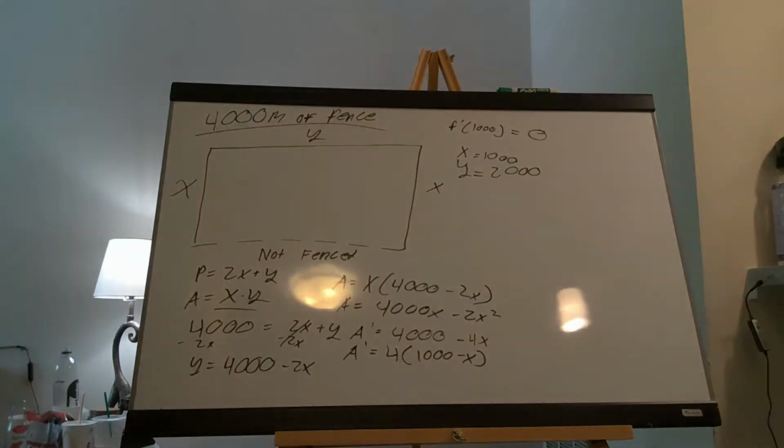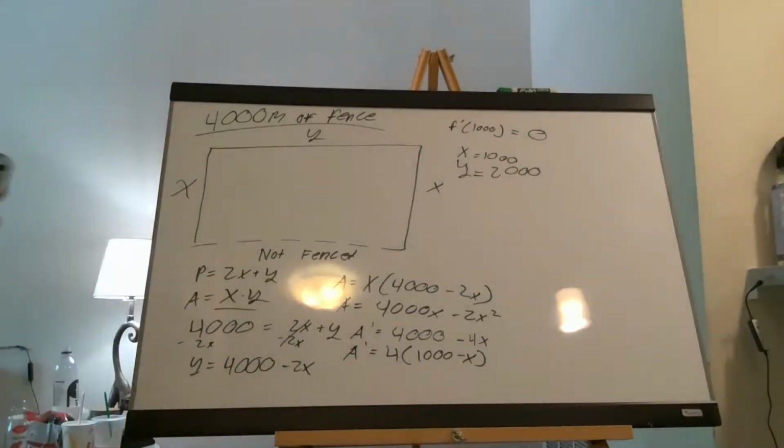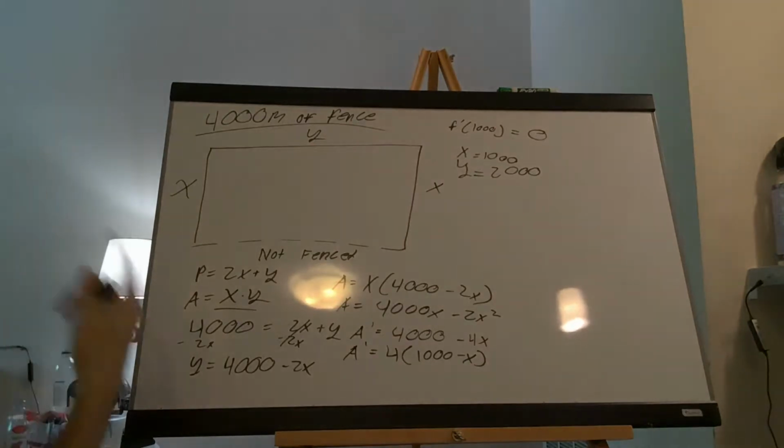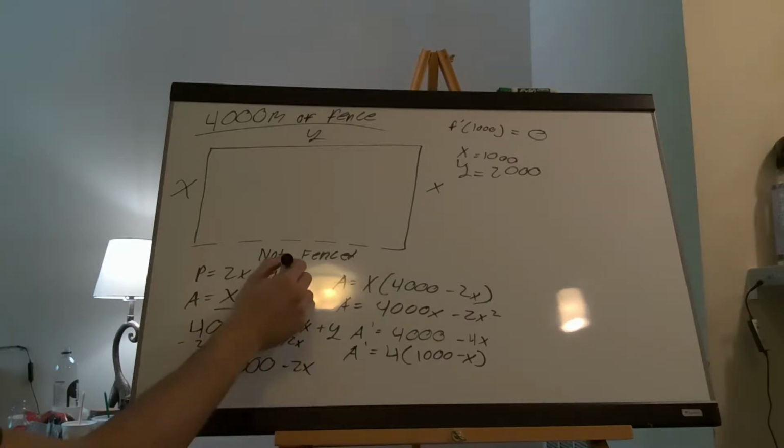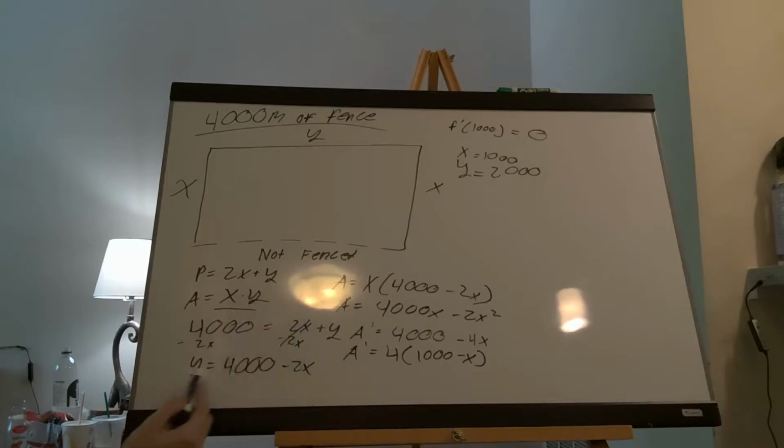So what I did with this problem was I said, hey, I know exactly how much fencing I'm going to put on the perimeter. It's 4,000 meters. So I went 4,000 must be equal to 2x plus y. But that's not good enough for me. So then I went, well, I've got this other formula that I haven't used yet, A equals x times y. So why don't I just try and solve for y here so I can plug it in for y down here? And what that gave me was, 4,000 equals 2x plus y.